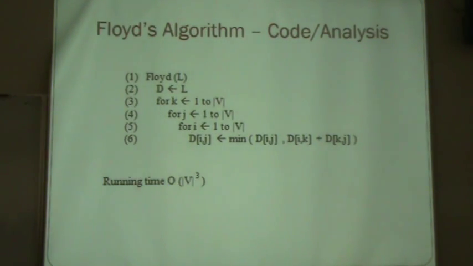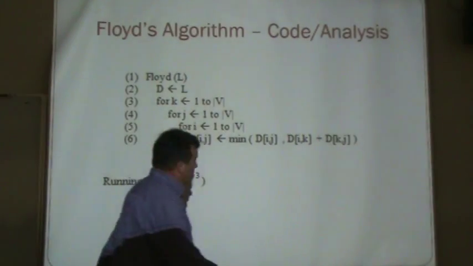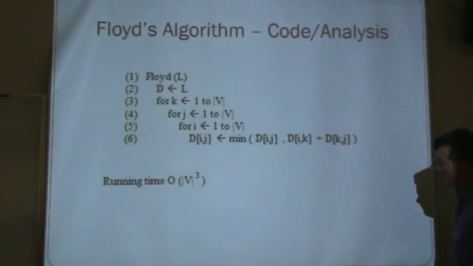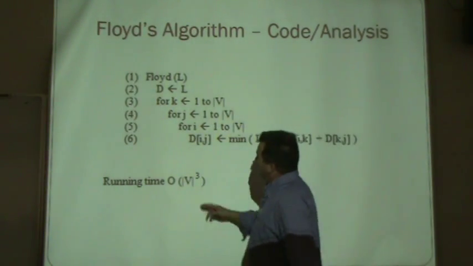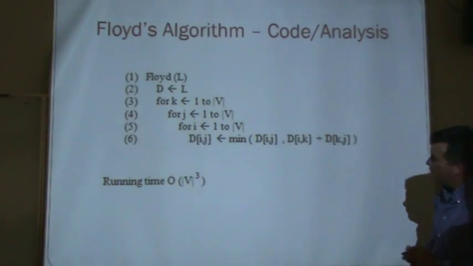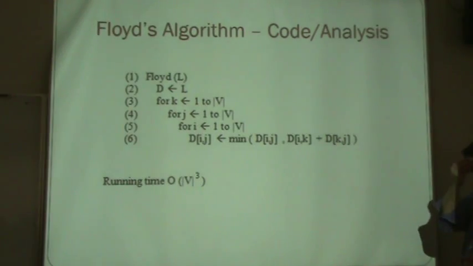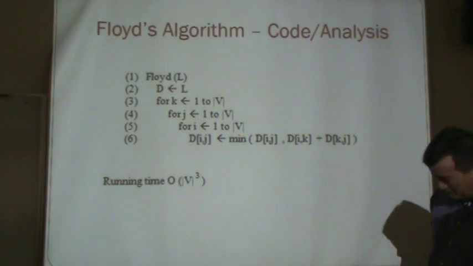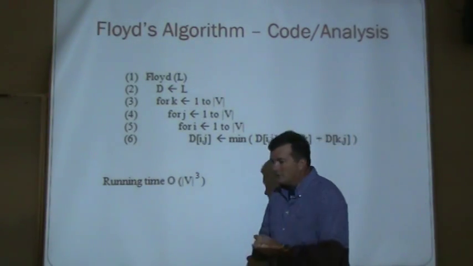This will be the code for it, and someone named Floyd gets credit for this algorithm. And basically we're going to take the labeling of the algorithm, convert it into a 2D distance matrix, how far every vertex is from itself. So one little side question.